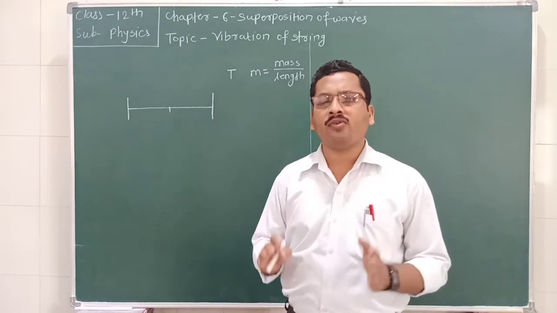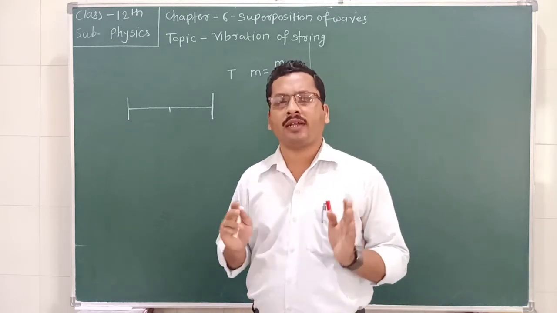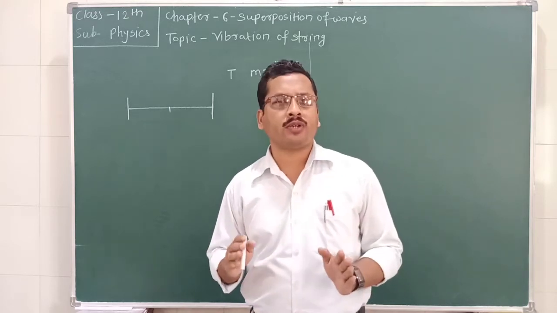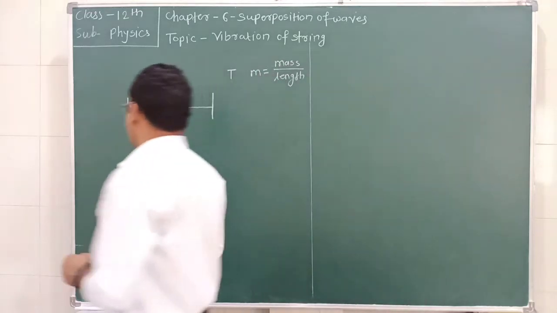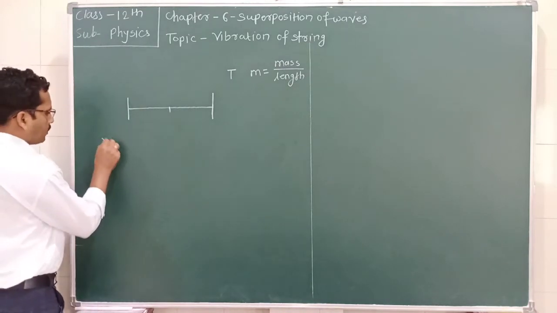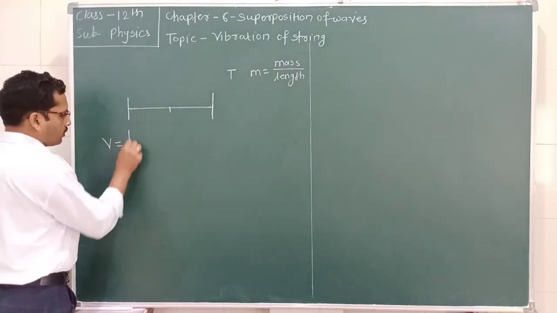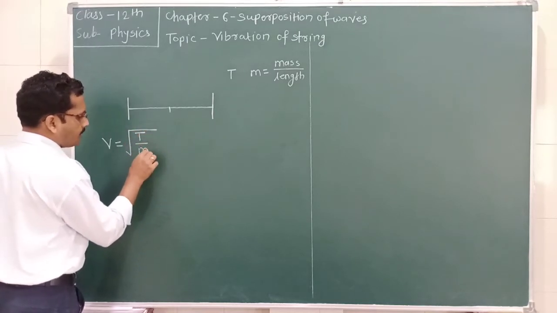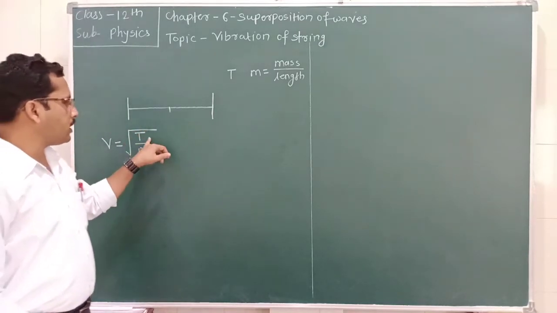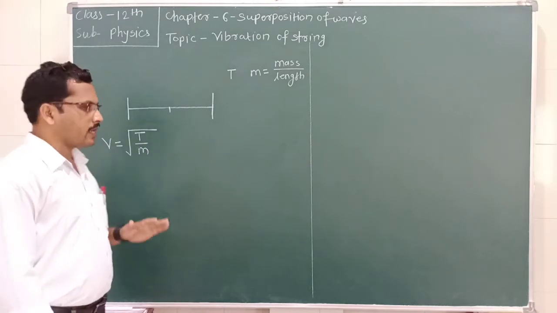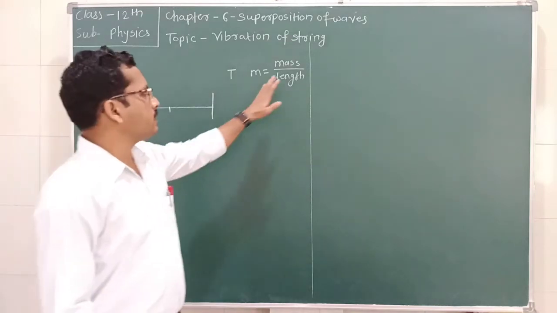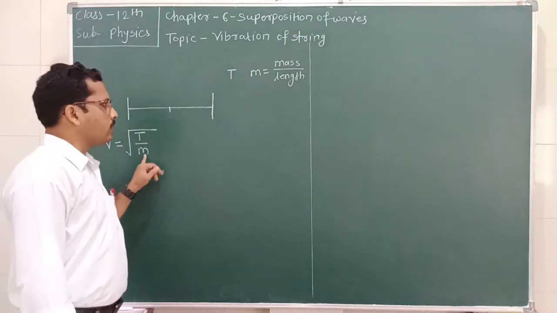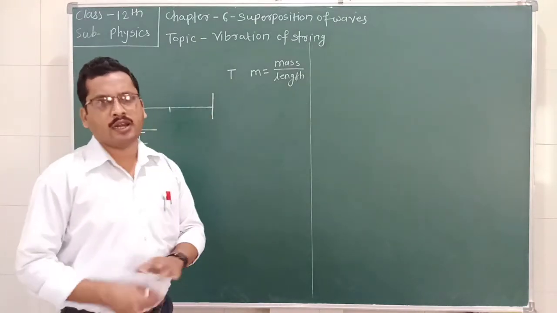And we know that when we are considering the transverse wave, the velocity of the transverse wave is given by v equal to square root of T divided by M. What is T? T is the tension in the string, and this M is the linear density, that is mass per unit length.